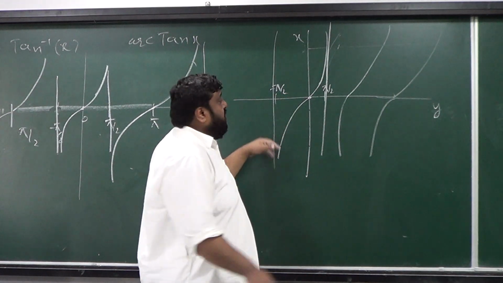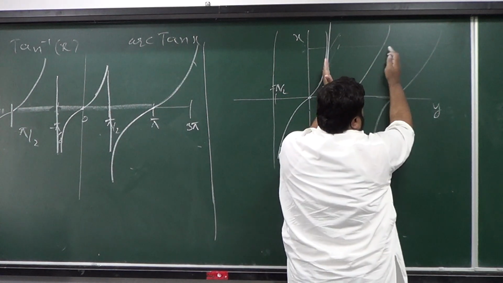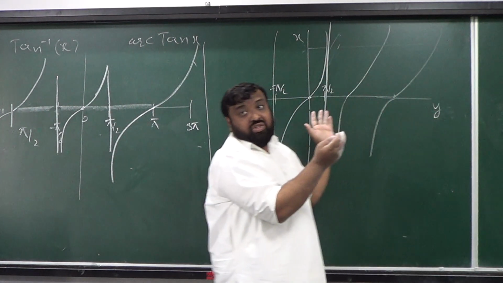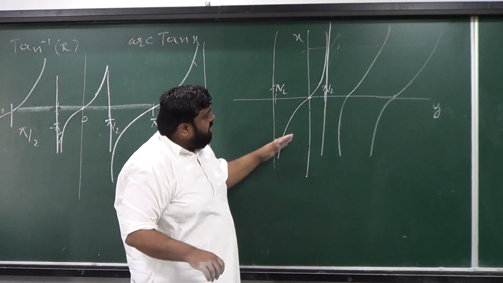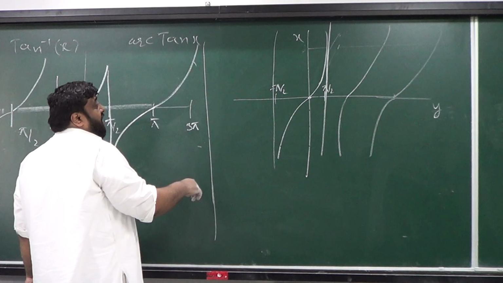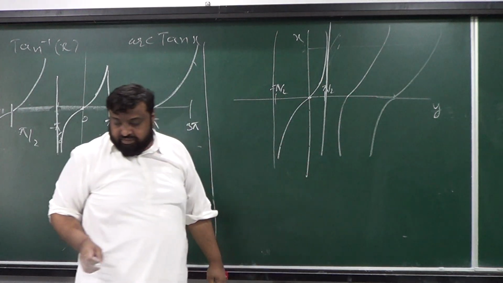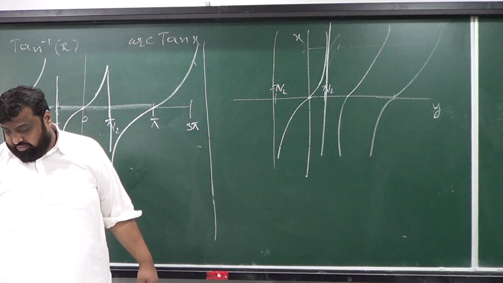So this is really the inverse trigonometric function, each one of them depending on what interval you choose. Out of all these curves, if you choose only one of them, then this is the inverse trigonometric function.